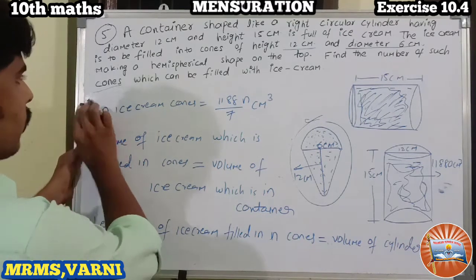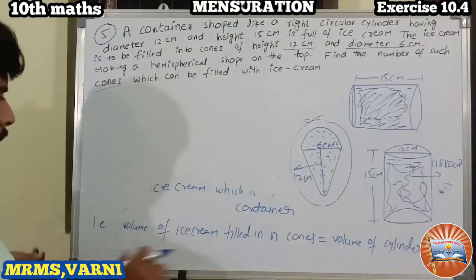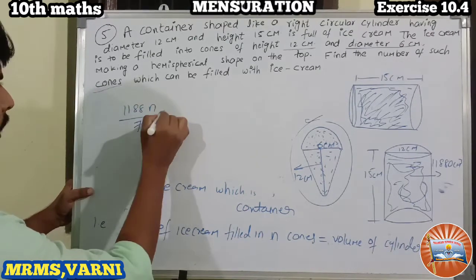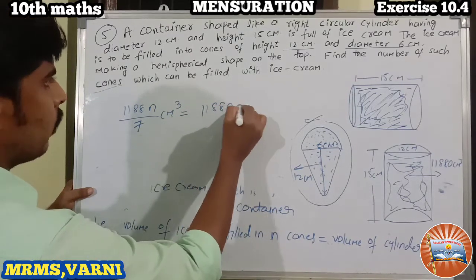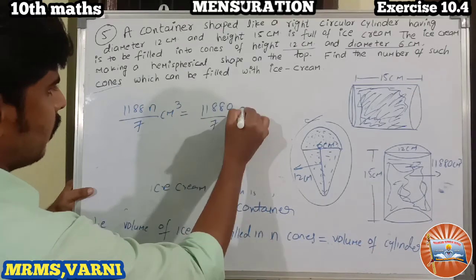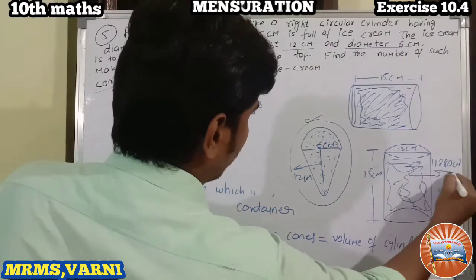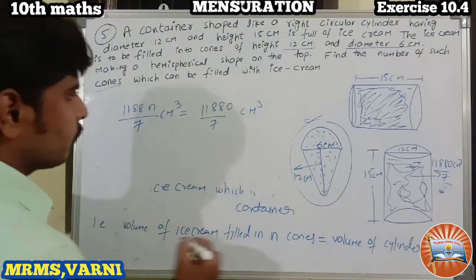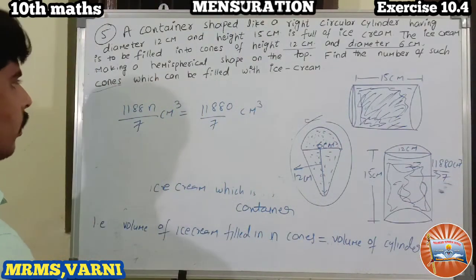So 1188 n by 7 centimeter cube is equal to 11880 by 7 centimeter cube. Okay, I forgot to write the 7 here. The volume of the cylinder is 11880 by 7 centimeter cube, right?